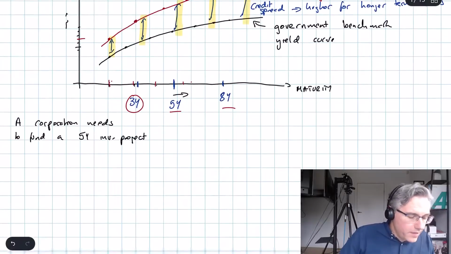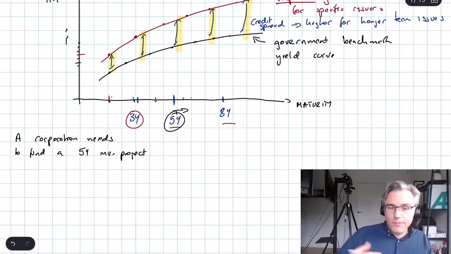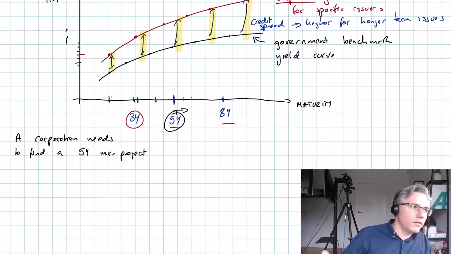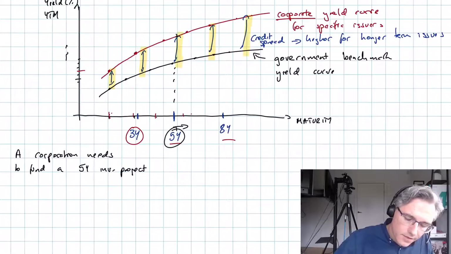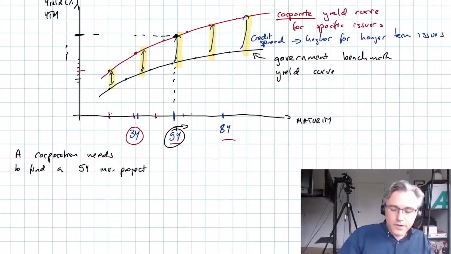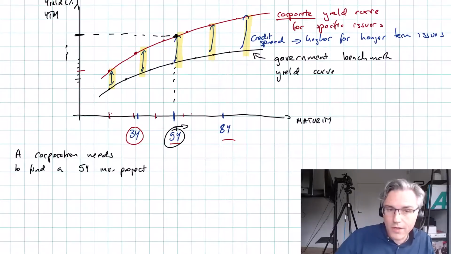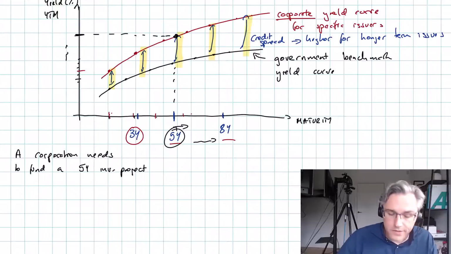The natural thing would be to borrow for 5 years under a bond issued for a 5-year period. However, that is relatively expensive for a corporation because the yield you need to offer to buyers of the bond, the investors, is quite high. Obviously, it would be even higher if the time to maturity were 8 years.